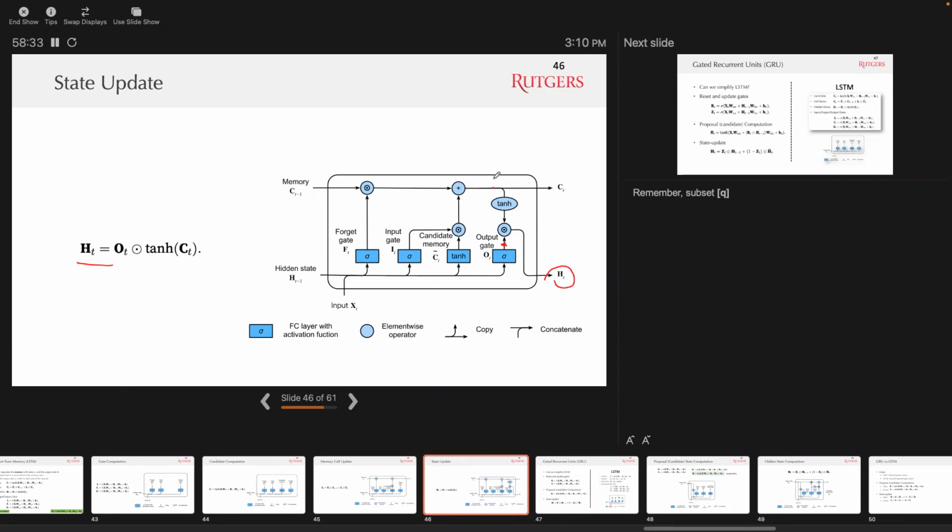So this is your current memory, c_t. You go through some hyperbolic tangent, and then you take the element-wise product between the output gate and this one, and you get your final output. Okay, so this is LSTM. I hope it's all clear.